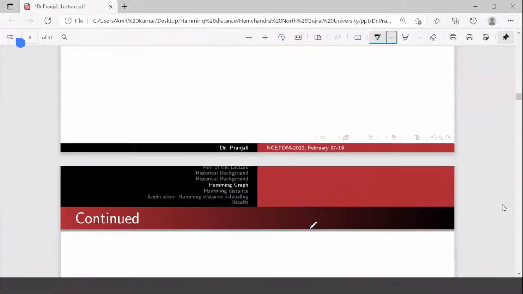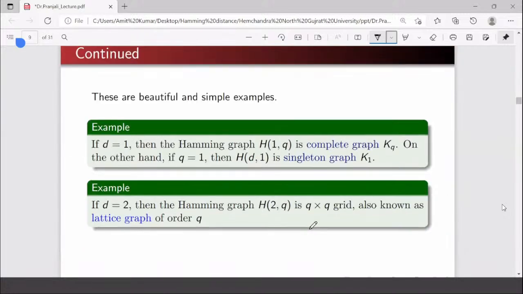Now, some beautiful examples of Hamming graph. If you take D equal to 1 and take S as any set with n elements, then H(1,Q) is nothing but the complete graph.